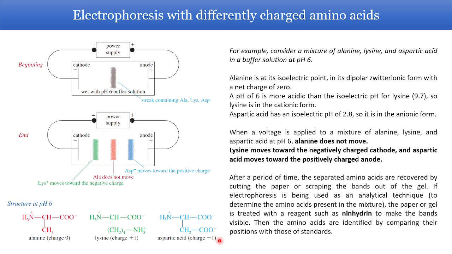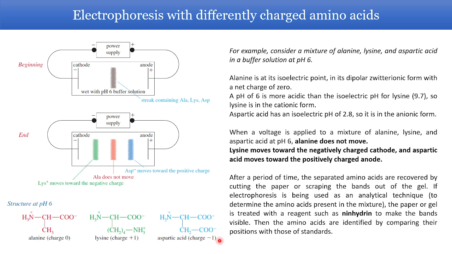Now, this is an experiment which most of you have probably done in your lab. Like you have a mixture of alanine, lysine, and aspartic acid in a buffer solution of pH 6. When we know the structure and properties of these amino acids, it would be very easy to say what each one does. But when this experiment was first done, probably people never knew what these amino acids were, or their structures were not basically known.